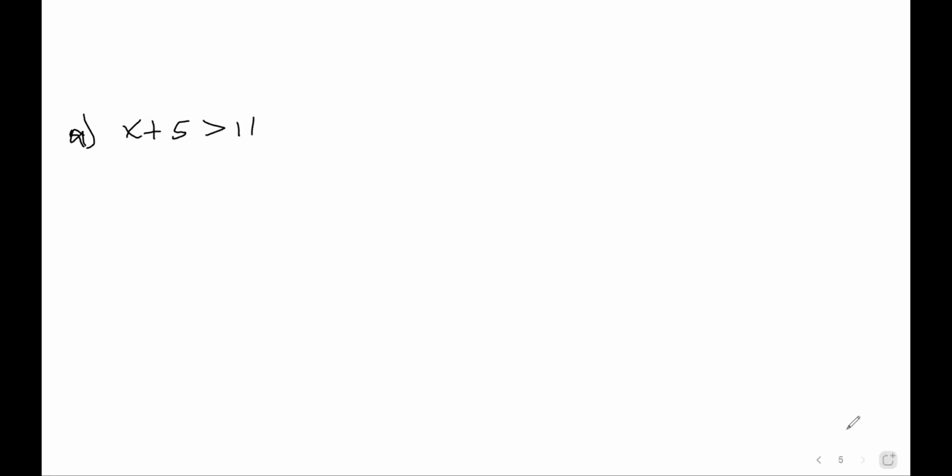So here we just solve it the normal way we solve an equation, but having in mind that it is an inequality. So we'll put the like terms together. We'll have x being greater than 11 minus 5. X is greater than 6.